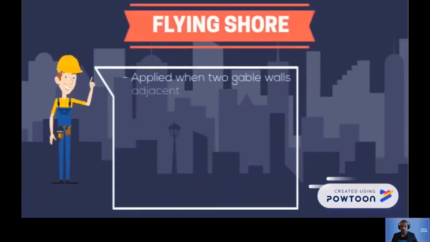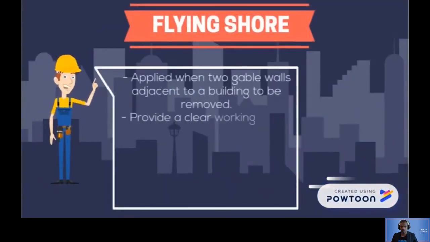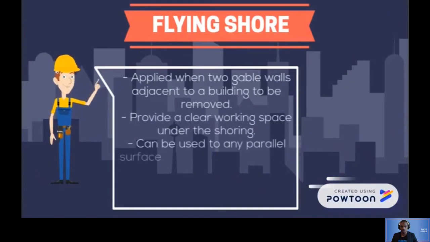Flying shore, applied when two gable walls adjacent to a building to be removed, provide a clear working space under the shoring, can be used to any parallel surface unless the span exceeds 12 meters.